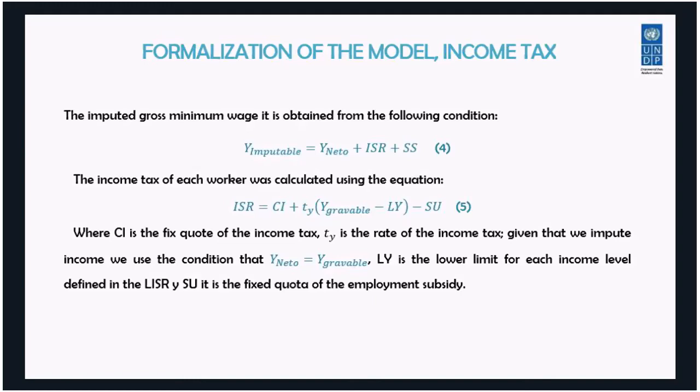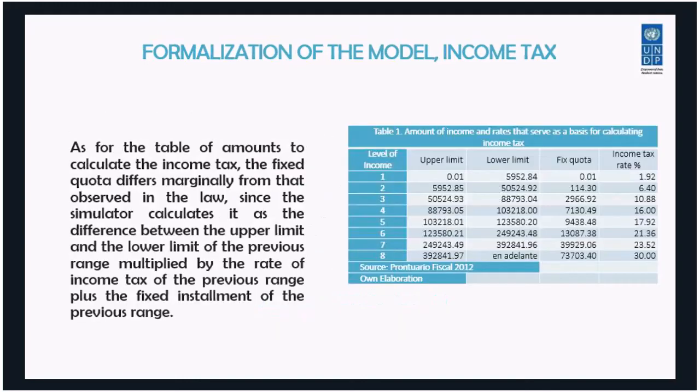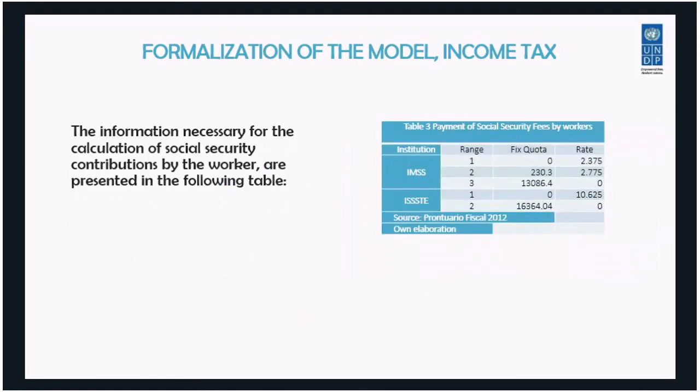For instance, if you look at equation 4, the last element of the equation, the SS, is the social security contributions. That is another very important part of the system we have to deal with. And this adds more complexity depending on the structure of the social security system in your countries.